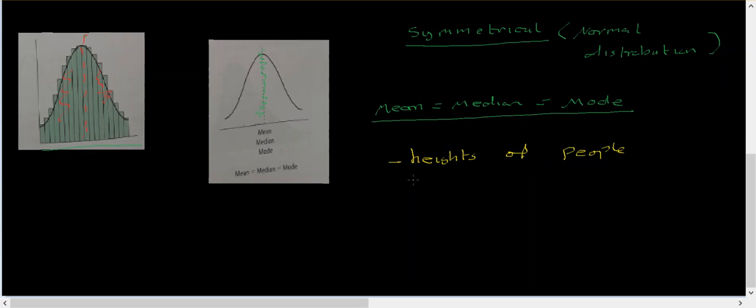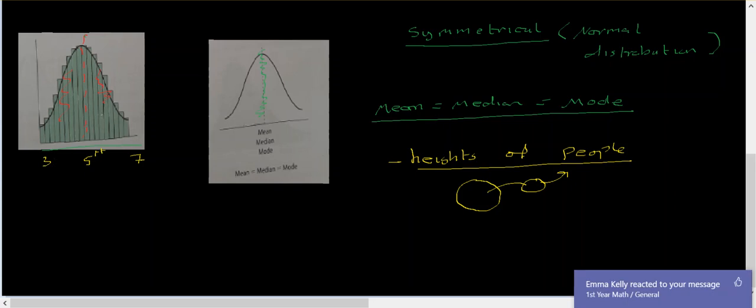If you were to take a population and randomly take a sample, the height of these people would follow a normal distribution. You might have 5 foot as your middle value, and then it might go all the way up to 7 foot, and all the way down to, let's say, 3 foot, for example.